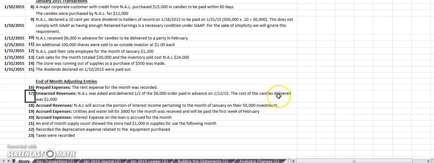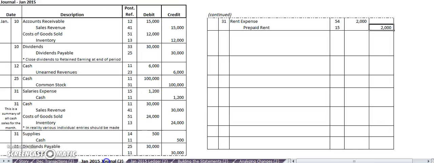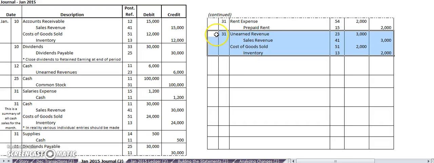The transaction gives me further information that the cost of the candies that were delivered was $2,000. So we need to know the cost if we want to make this entry. The unearned revenue liability is going to go down by 1/2. So the correct entry there would be to reduce the unearned revenue liability by $3,000.